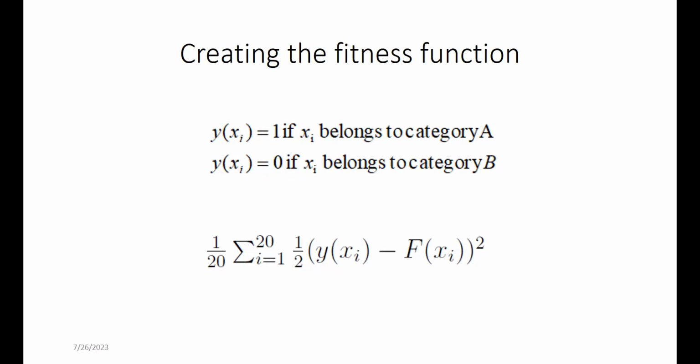If it is fertile land, then this y should mark it as 1. If it is infertile land, then y should mark it as 0. Okay, so two types of functions are available here. One is this y(xi), which we are using as input data or input function value from the available data, and another one is capital F(xi).